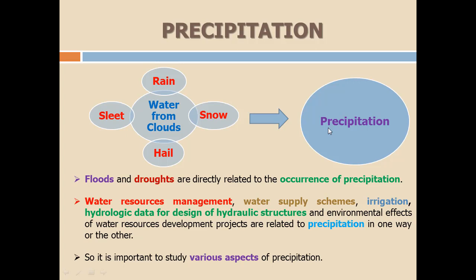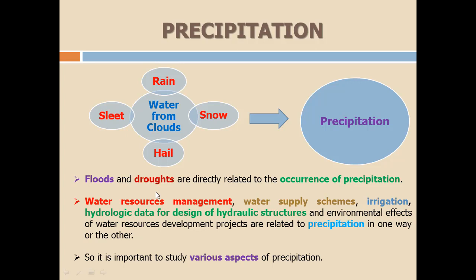And conversely, if there is no rain or precipitation in an area, then it is time for a drought. So floods and drought are directly related to the occurrence of precipitation.